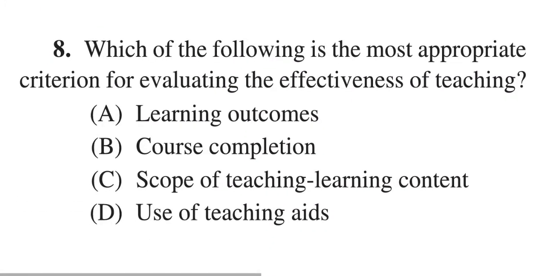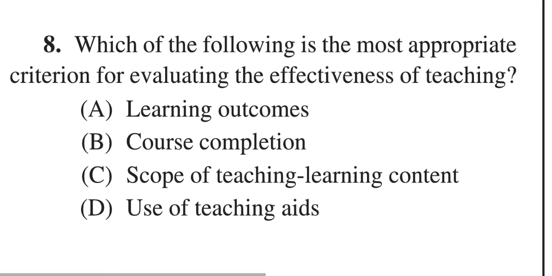Next, it says, which of the following is the most appropriate criterion for evaluating the effectiveness of teaching? Learning outcomes, course completion, scope of teaching learning content, use of teaching aids.